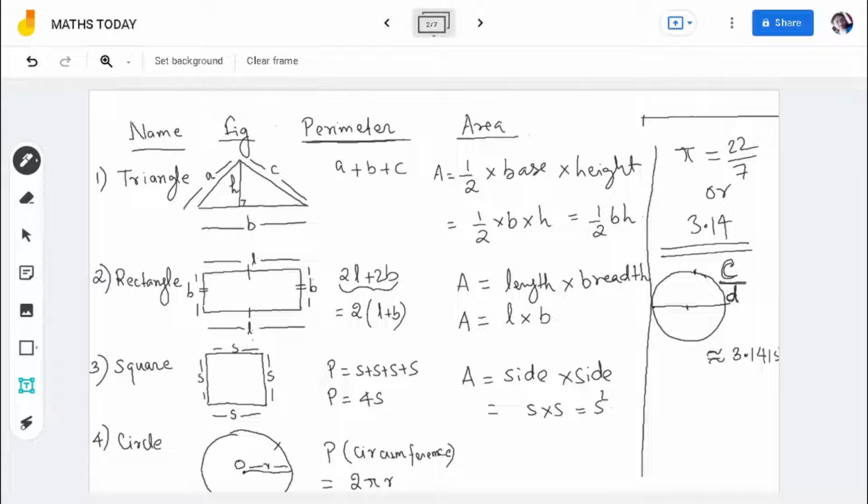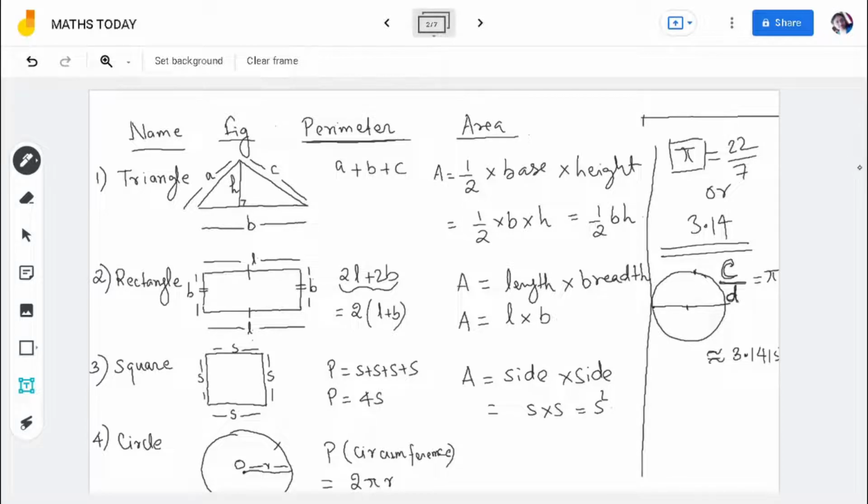So whenever we divide circumference by diameter, we get a constant value. That value's name we have chosen as pi. That is why we use pi as 22 by 7. And pi is nothing but the ratio of circumference divided by its diameter.